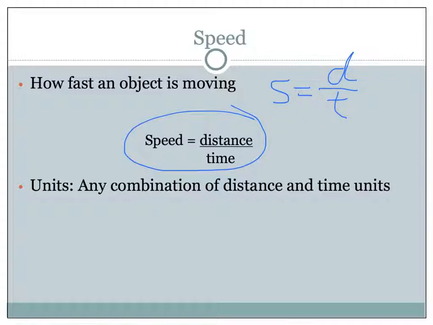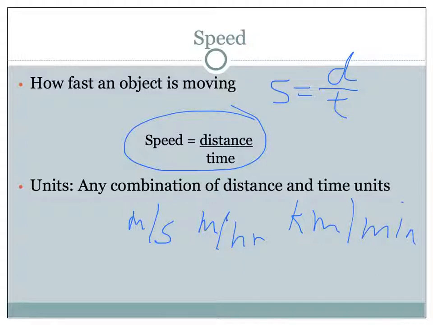The units for speed can be anything. Meters per second, miles per hour, kilometers per minute. As long as it's a distance unit over a time unit, and that's all you need.